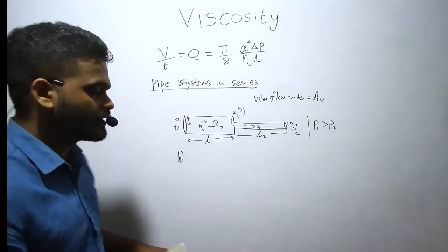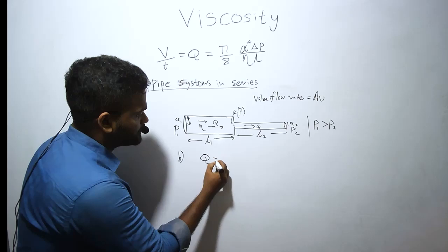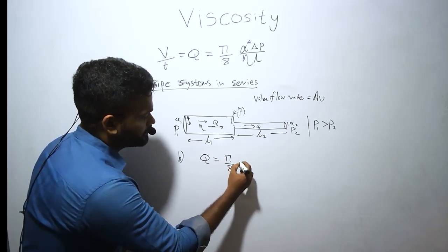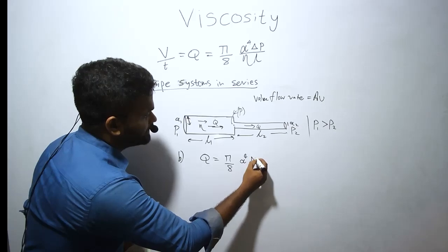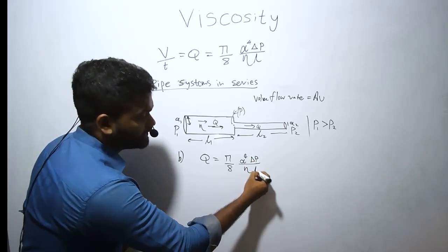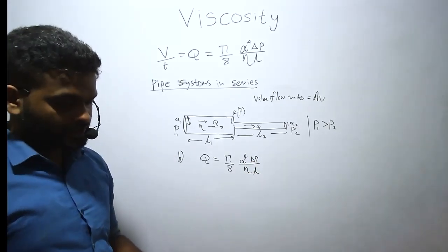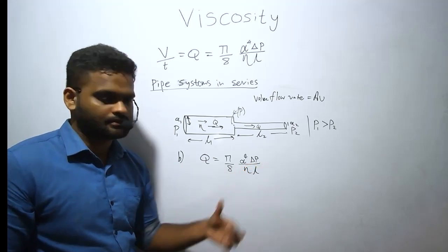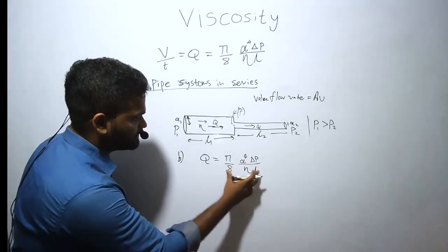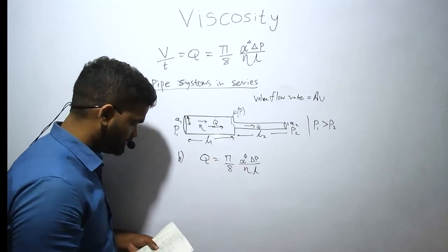I'll just write Poiseuille's equation: Q equals pi A to the power 4 delta P divided by 8 eta L. So here you just have to subject delta P first, by cross multiplying.